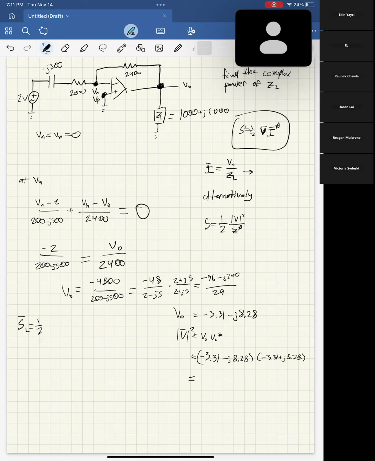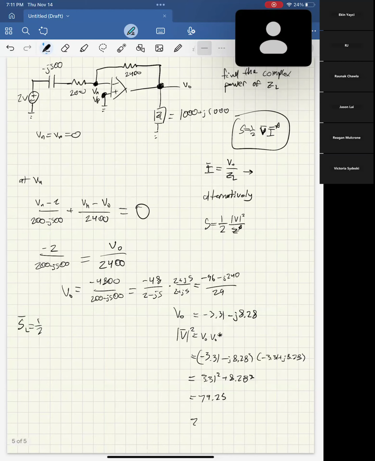And if we do that, it's going to be 3.31 squared plus 8.28 squared, which gets us to 79.25. Of course, you could do all this in your calculator if you wanted to. I'm just writing out all the steps.